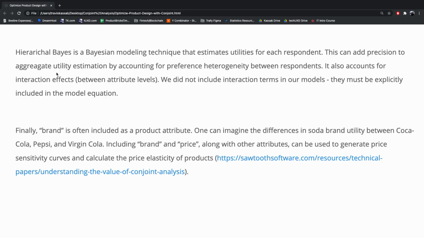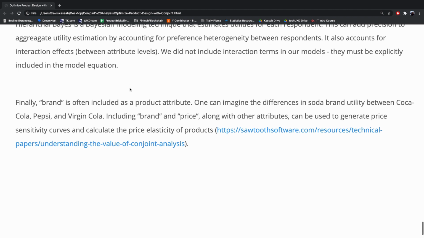Last thing I want to say is it's very common to include brand as an attribute in these choice-based conjoint studies. You can think about the difference in utility between Coca-Cola, Pepsi, and Virgin Cola, which I think no longer exists, right? Coca-Cola as a brand has a huge moat. So there's going to be a large utility score around Coca-Cola versus, I would guess, Pepsi and Virgin.